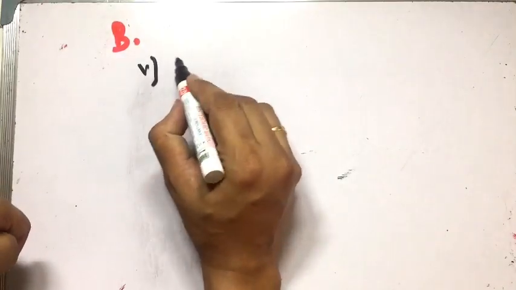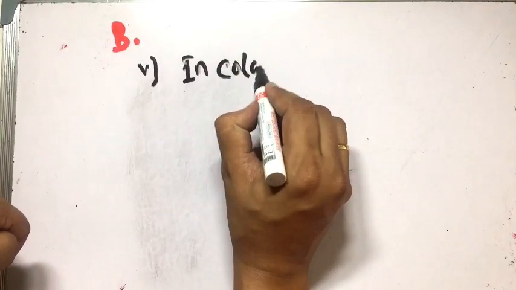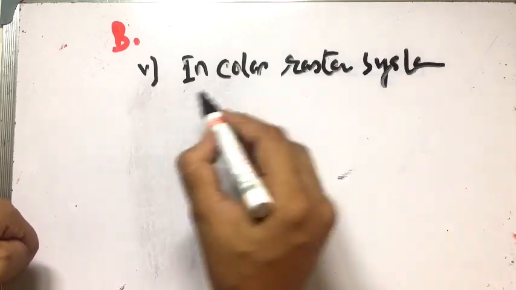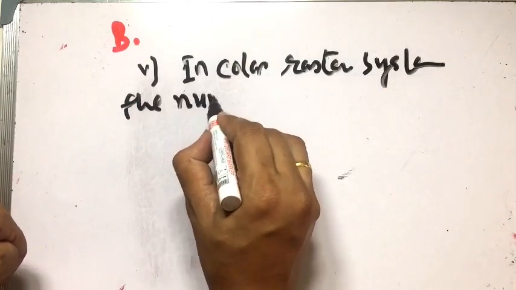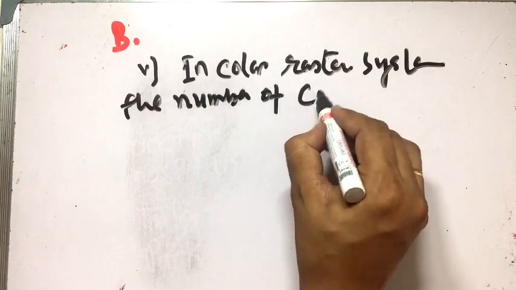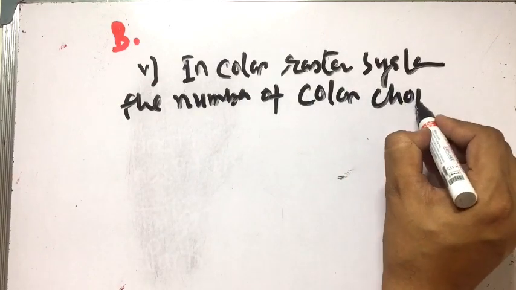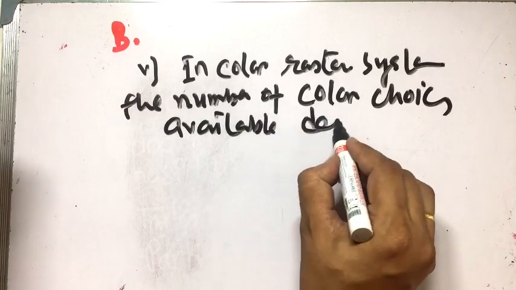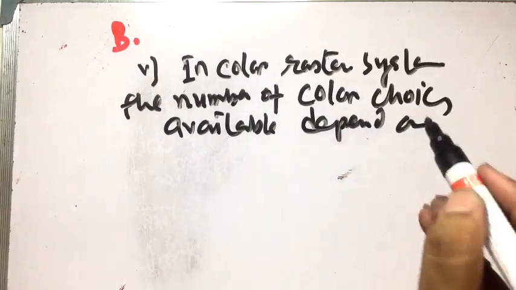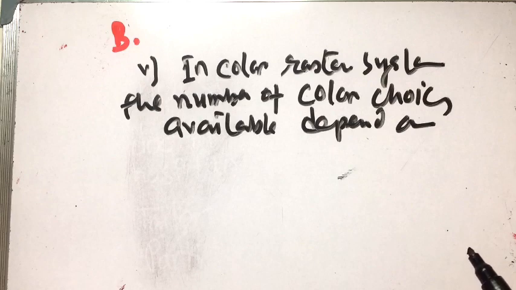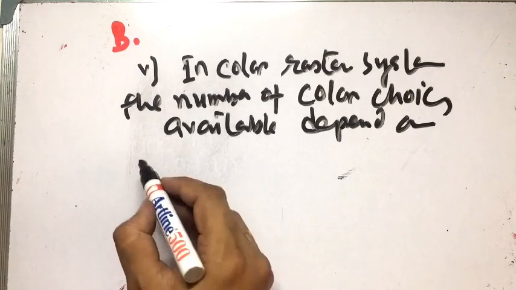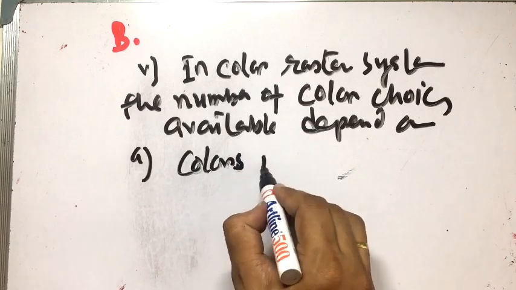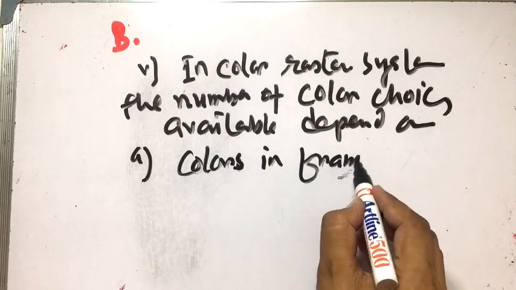Next, question number 5. In a color raster system, the number of color choices available depends on: Option A, colors in the frame buffer.